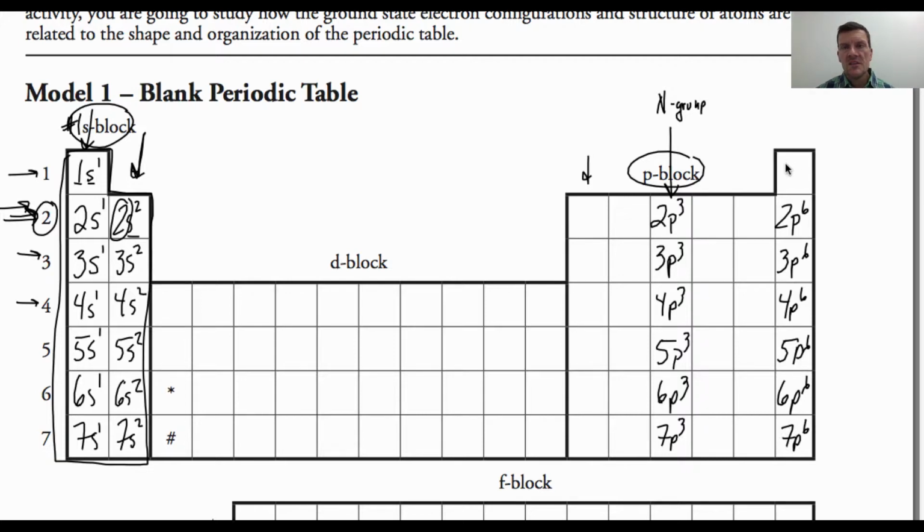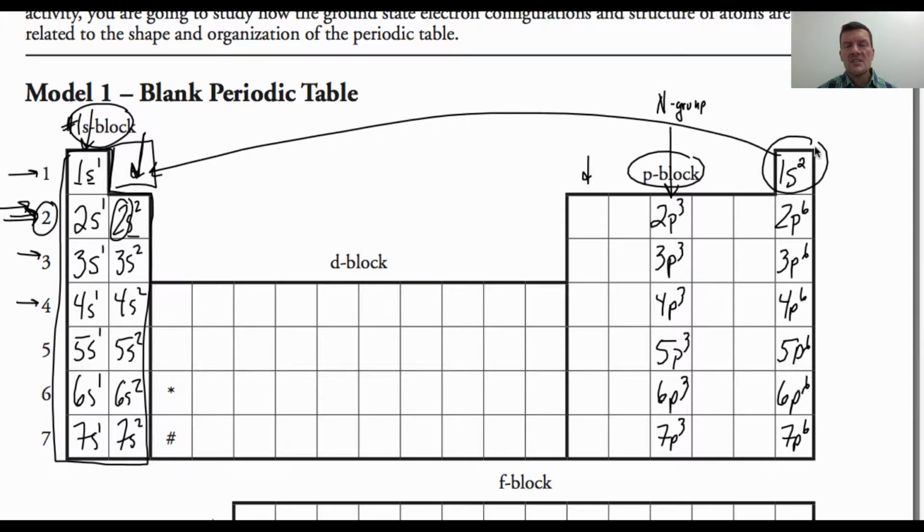By the way, helium here just ends in S2. It is actually 1s2. So to put it in the correct group for matching its electron configuration, it would be placed over here in that location. But the reason it is in the last group is because it behaves like the other noble gases, because its outer energy level is full.